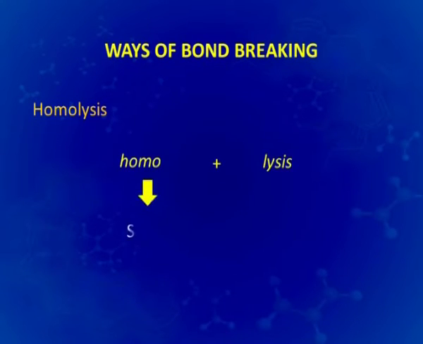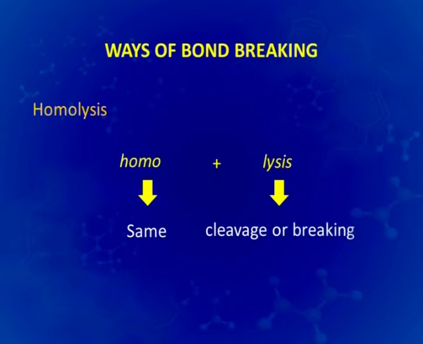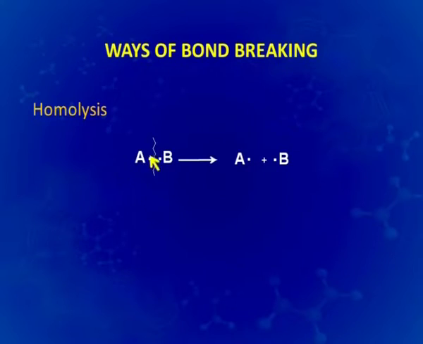Homo means same and lysis is cleavage or breaking, similar to heterolysis. And here what exactly happens is, if we have two atoms in the molecule which are sharing an electron each, the bond breaking takes place in such a manner that both the fragments get an electron each.